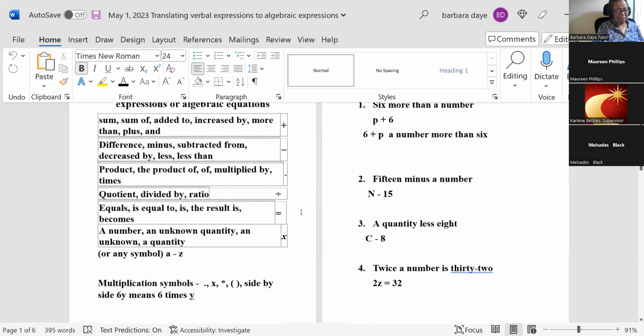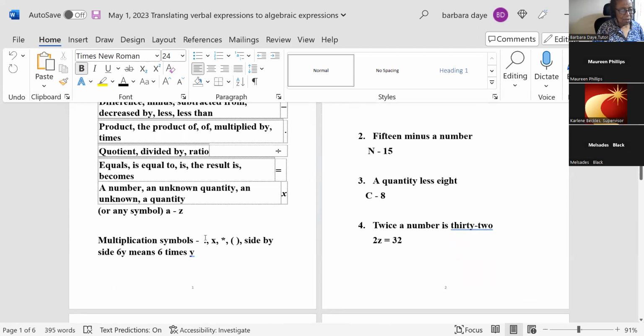That's right. You could have the dot, the X like 6 times 4, the asterisk, parentheses meaning multiplication, side by side, or a coefficient and a variable. 6y means 6 times y.